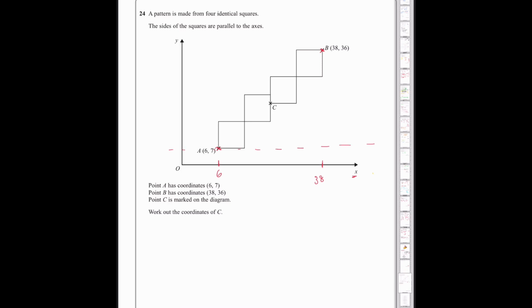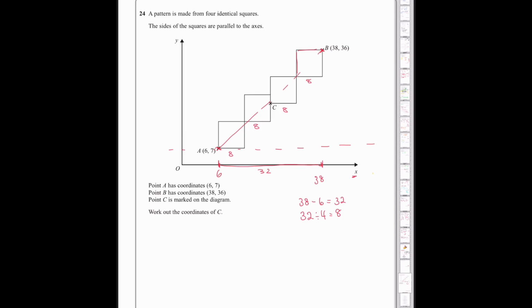I want to know the length of the sides. So I'm going to do 38 take away 6, and that gives me 32. Now 32 divided by 4 is 8, which means that each of these must measure 8, because from there to there, the length is 32.